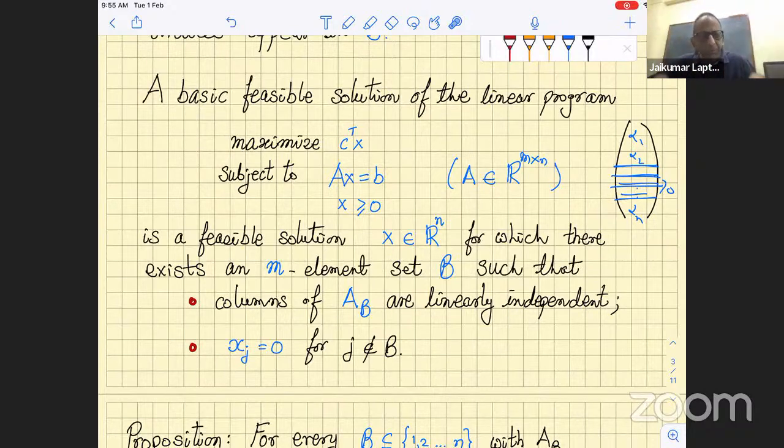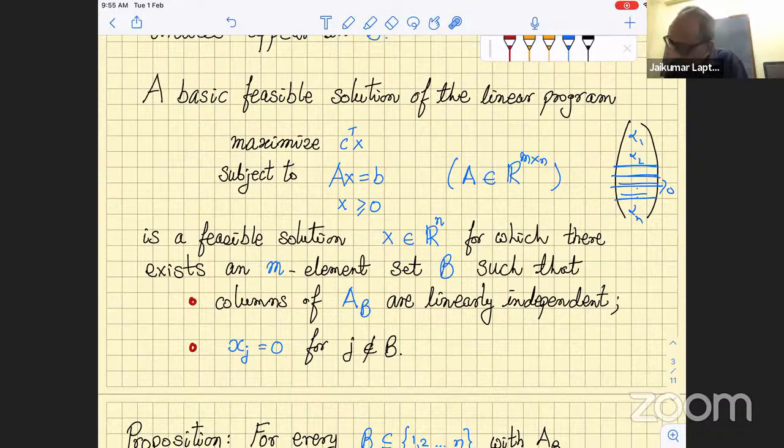That is, the remaining variables outside B you set to 0 and you solve. If you happen to get a solution which is feasible, then it will be called a basic feasible solution. So it is a feasible solution obtained by solving a system of m equations where the matrix that you solved was a square matrix.